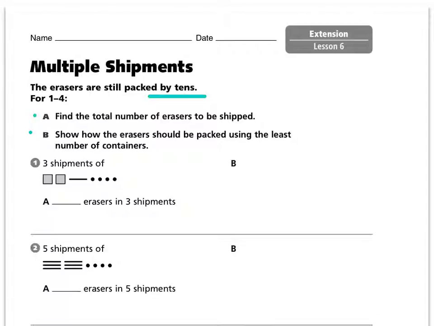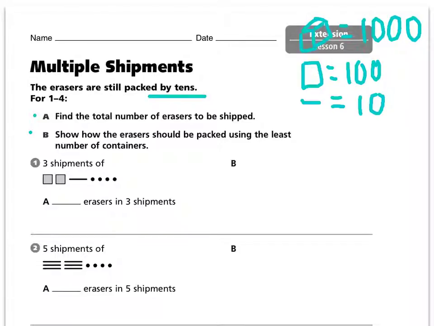I have 3 shipments of 2 boxes, 1 pack, and 4 individual erasers. So what I can do is that I know that 1 box equals 100. I know that 1 pack equals 10. And then when we get to crates, I'm going to also know that a crate equals 1,000.